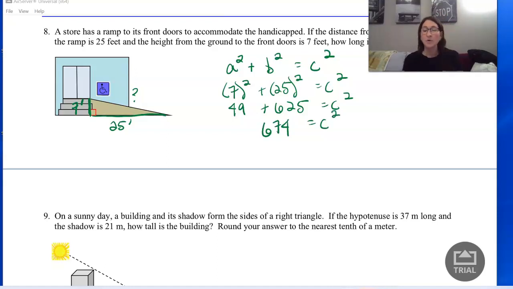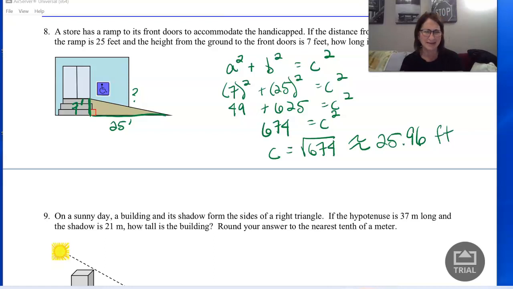Well, I'm going to have to put that into my calculator because c then is the square root of 674, which is approximately 25.96 feet. Well, nobody's going to measure it in 25.96 feet. So we would say that is approximately 26 feet. Okay. That's how long that ramp is.